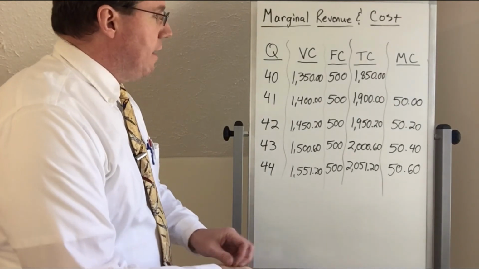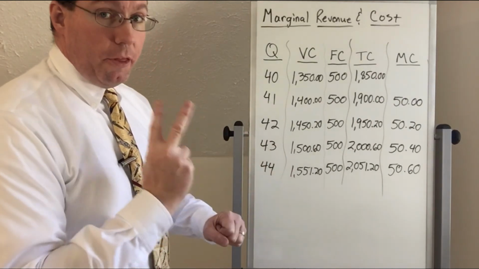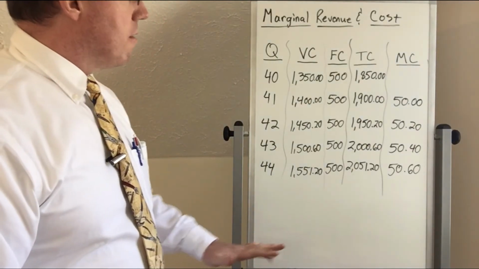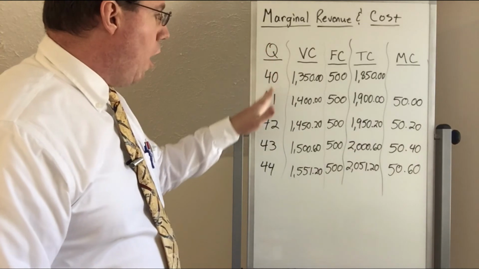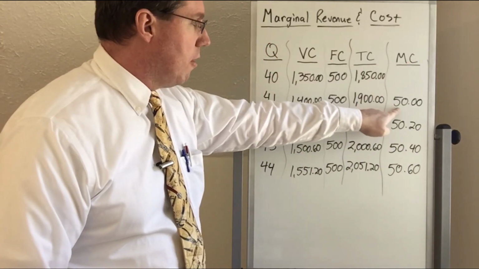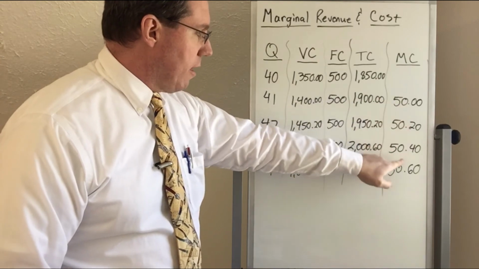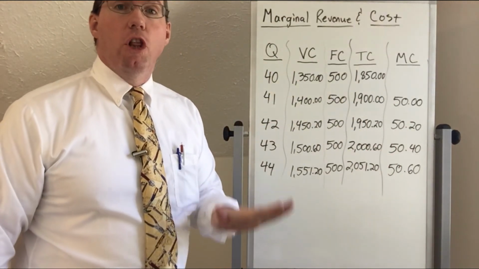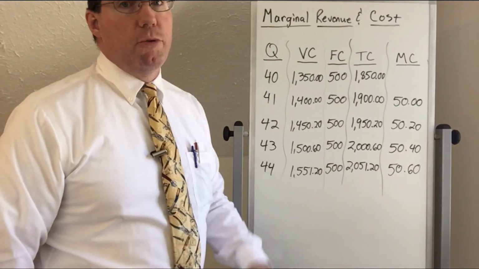So here's the idea. I wanted to just point out 2 things here that I want you to notice, okay? The first one is, do you notice as quantity increases, what is happening to marginal cost? It's increasing as quantity increases. And that's because of the law of increasing opportunity costs.